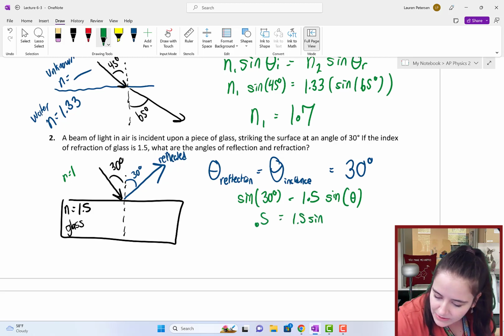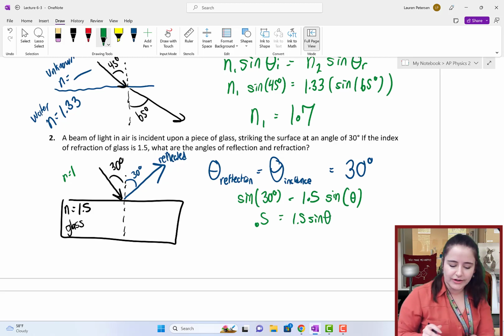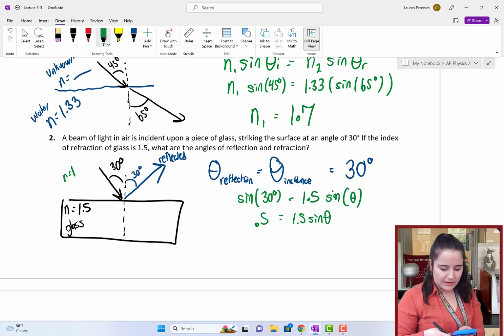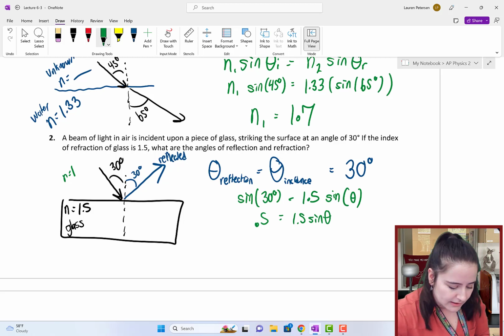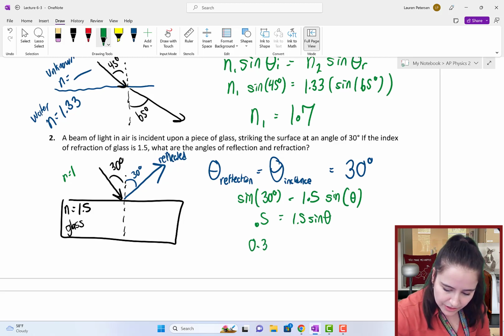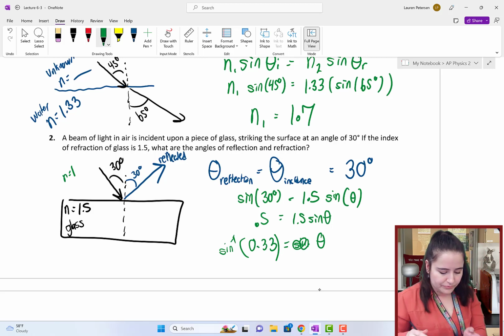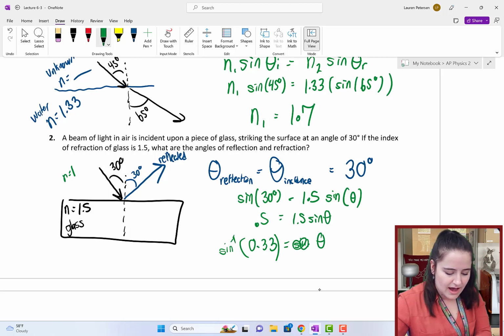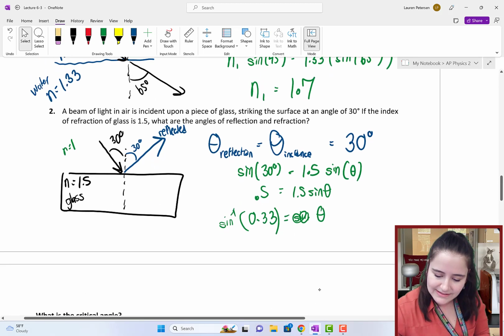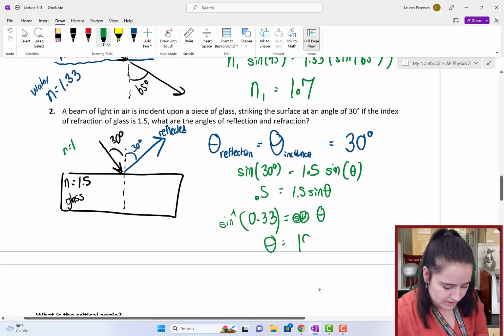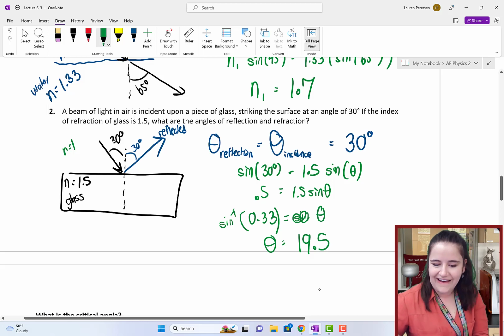I'll show you guys the algebra on this just because it might have been a while since you did trig algebra. Divided by 1.5 gives me 0.33 equals sine of theta. And then we do the inverse sine. So when I do the inverse sine of that answer, I get 19.47, which all around just say 19.5.